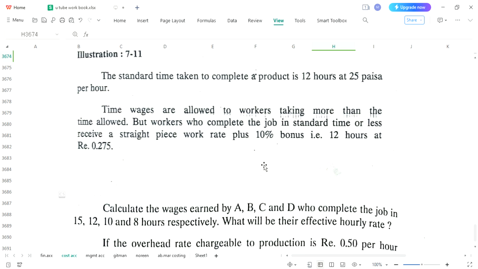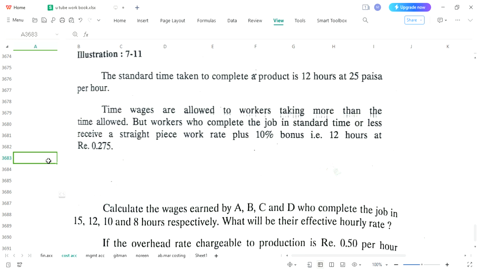This is a simple procedure and we can apply it to any manufacturing concern, any question of any author, any book. We have solved problems from another book and these illustrations are from another book, but that doesn't matter. The rules for calculation of wages are the same, whatever university or author is being used.